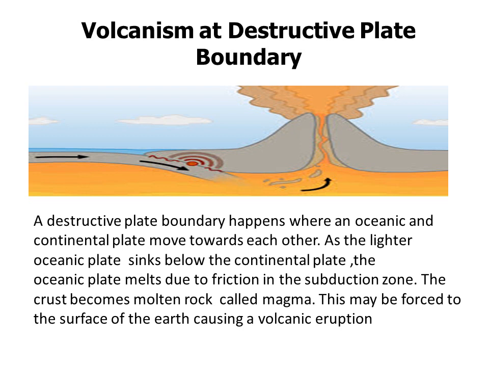This zone or this place is subduction zone. There's a lot of friction there, and due to friction, the crust melts and magma is formed. This magma is forced on the surface of the earth, resulting in the formation of a volcano and causing a volcanic eruption.